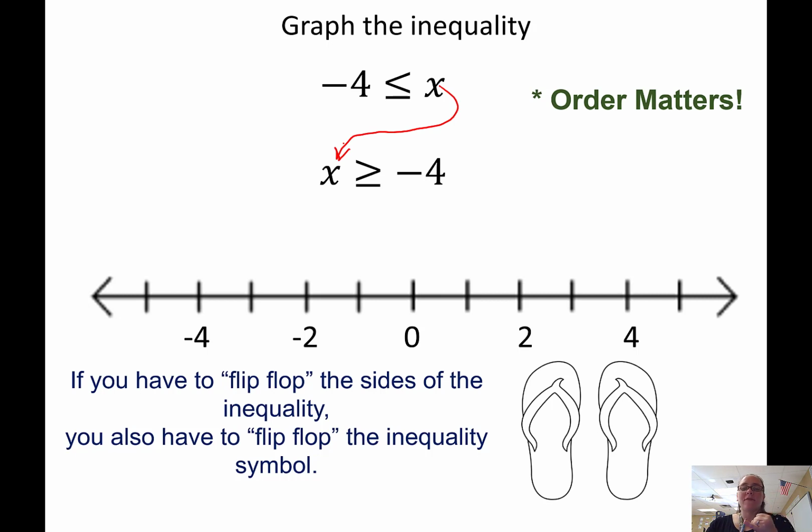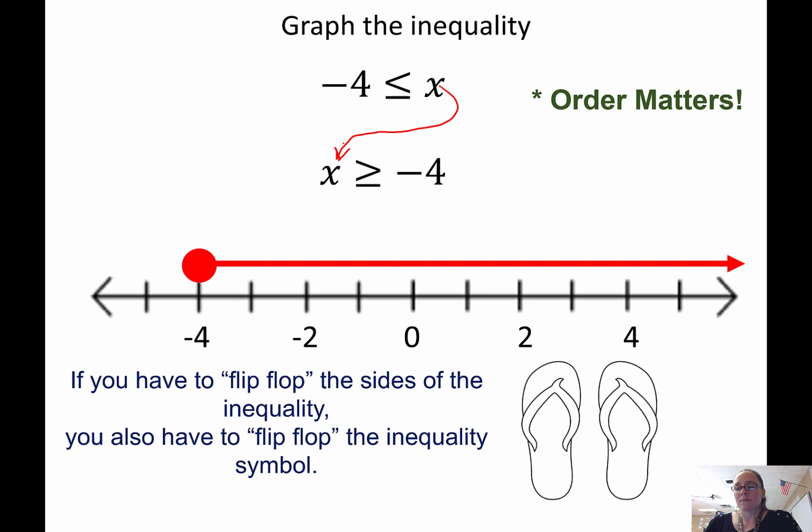If I have to flip-flop sides of the inequality, make sure I flip-flop the inequality itself. So open or closed circle? Closed. And am I shading to the left or to the right? I'm shading to the right.